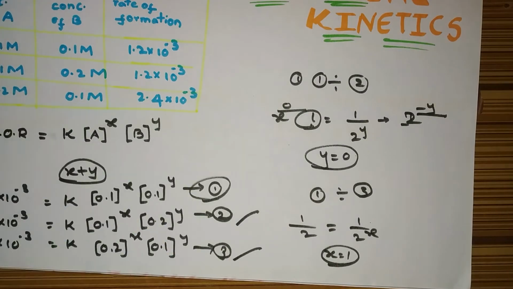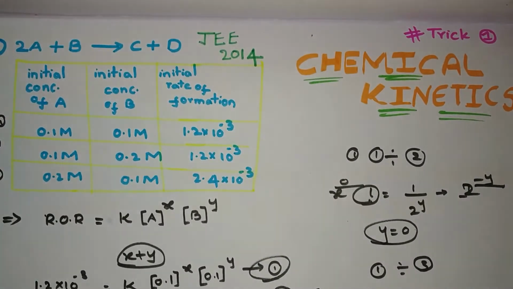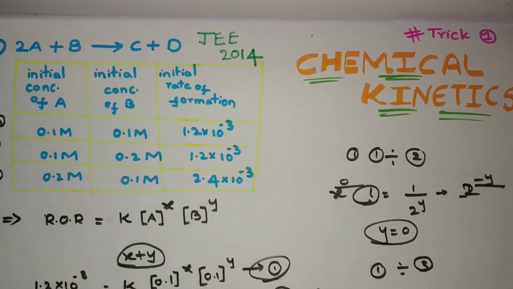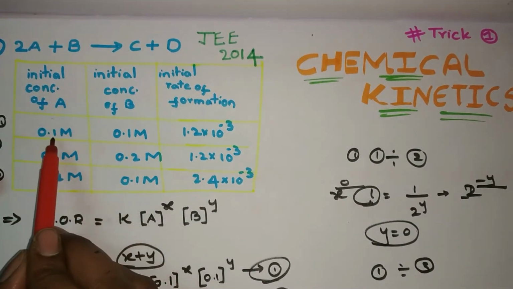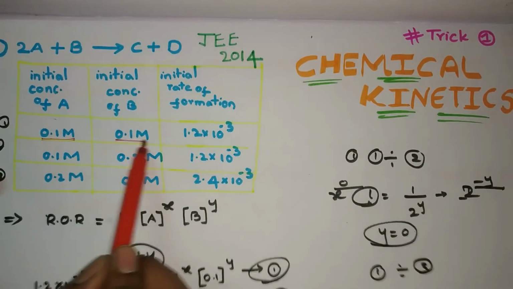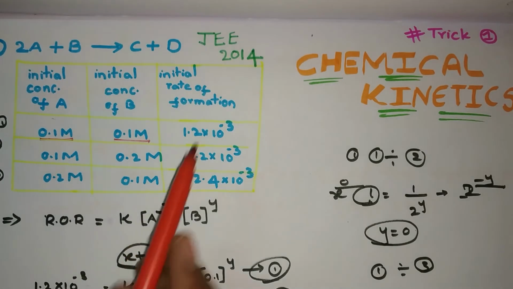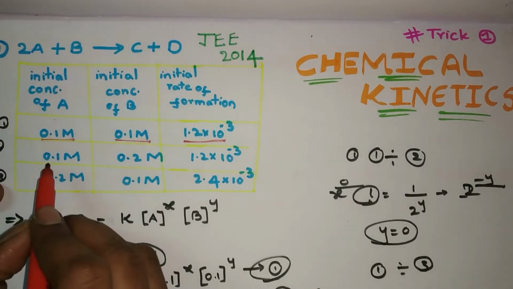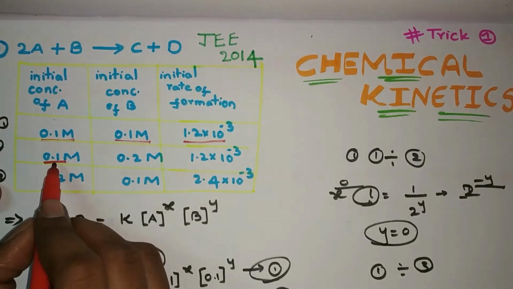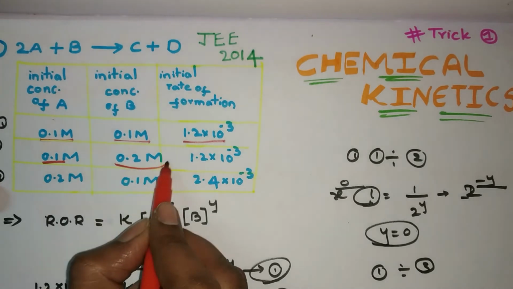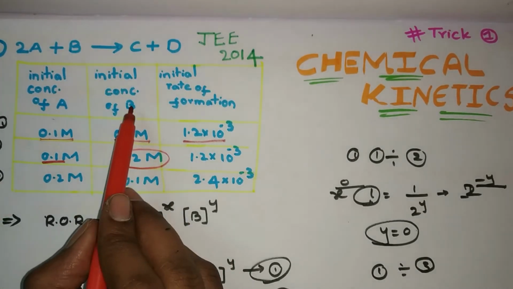See, you can use this trick without pen and paper. First, take the initial concentration of A as 0.1 and the initial concentration of B as 0.1. Okay. And here the rate of reaction is given. Next, see the reaction. Same reaction the second time, 0.1. Here 0.2. What happened?